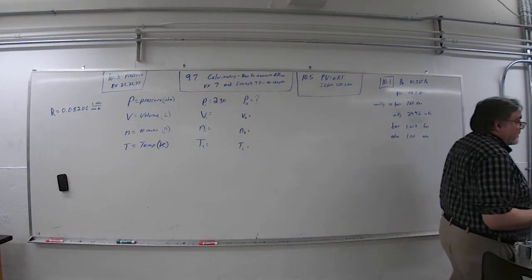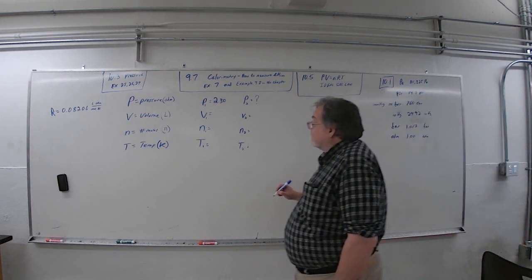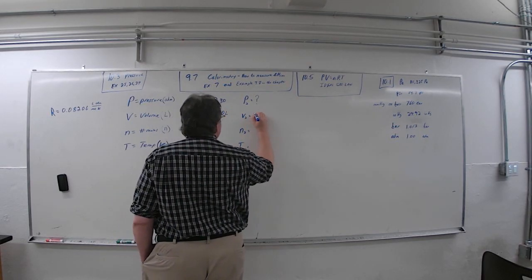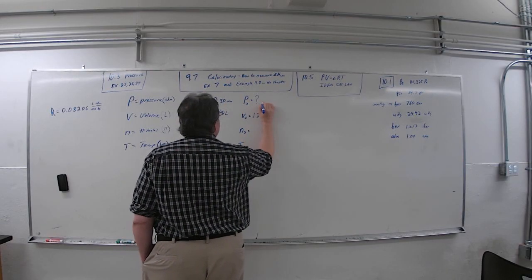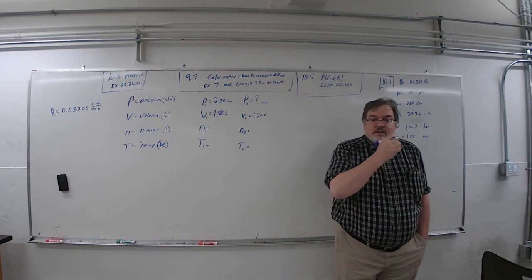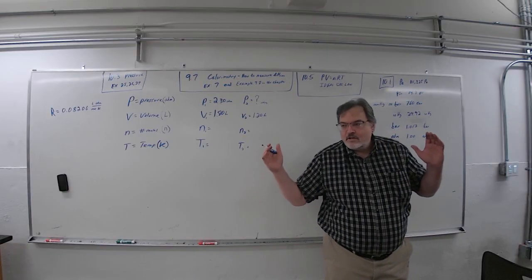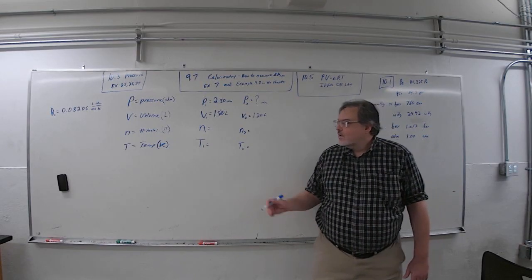What else is mentioned in the problem? 1.80 liters, and then the final volume is 1.20 liters. Temperature and moles have not been mentioned. You see that? Sometimes it'll say, in parentheses, temperature stayed constant. But if it's not mentioned, then it stayed constant.